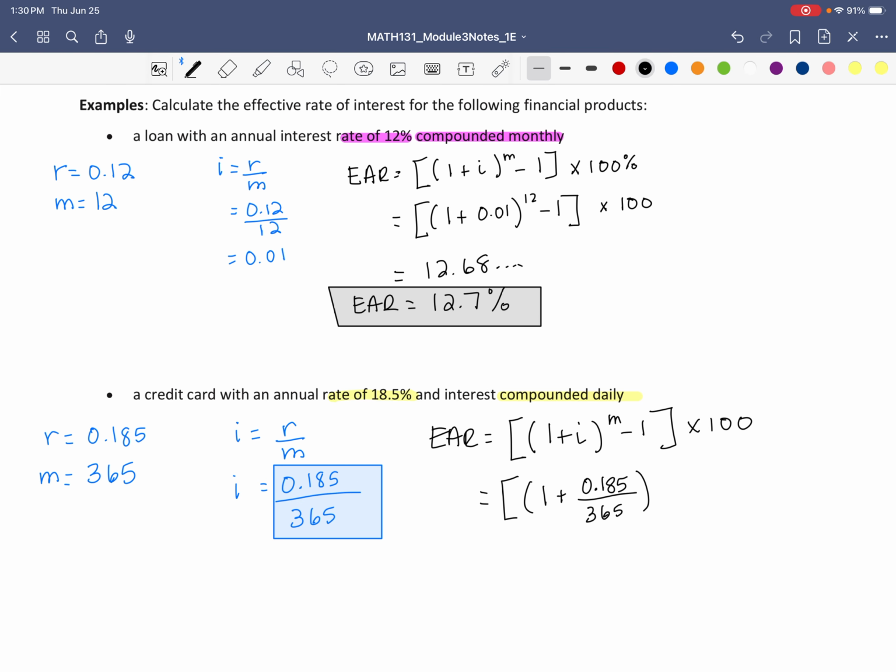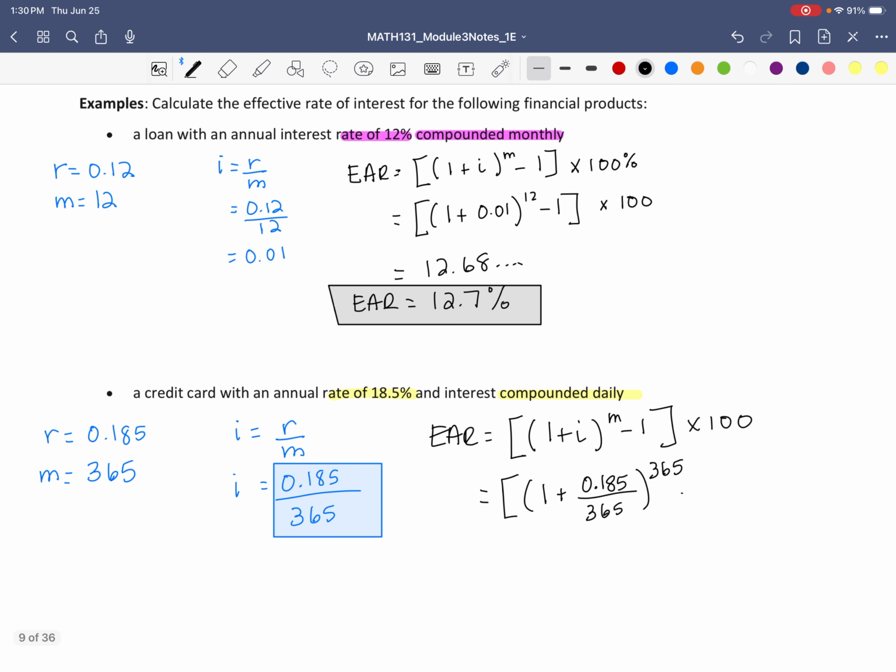You can also just divide, whatever you're most comfortable using. Remember, all of that is to the exponent of 365 minus 1, and then we multiply all of that by 100. So if you've done this correctly with that fraction, you'll get a value that we are going to round again to 1 decimal place.